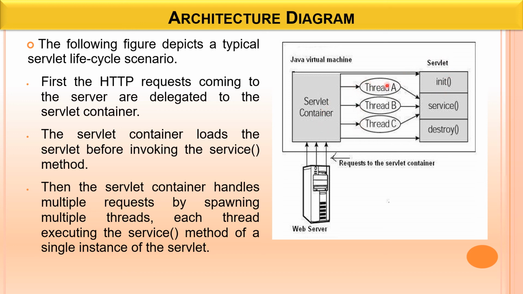Those threads, thread A, thread B, and thread C, are directed towards the service method, where the servlet is initialized and the service method does all the different tasks assigned to it. At the last, the destroy method will be invoked, and there the servlet will get destroyed.